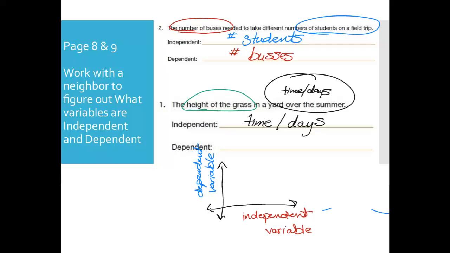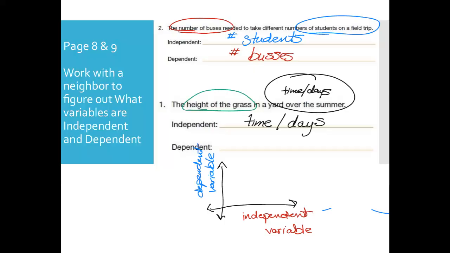It's a good thing we have erasers. So does the time over the summer or the number of days determine the height of the grass? Or is it the height of the grass determines the time or day of the summer?